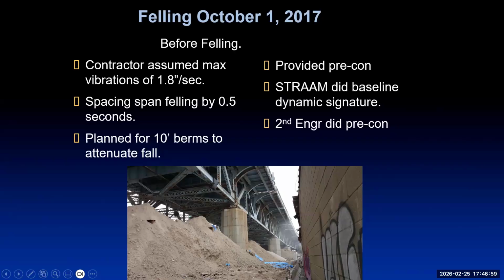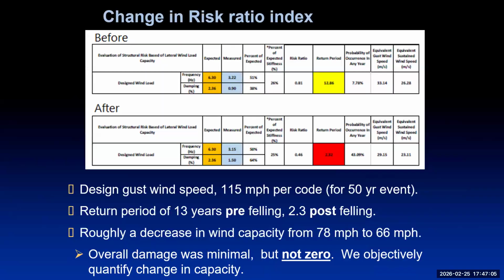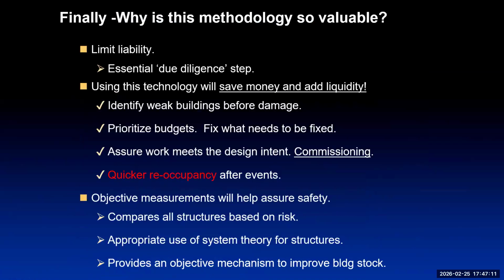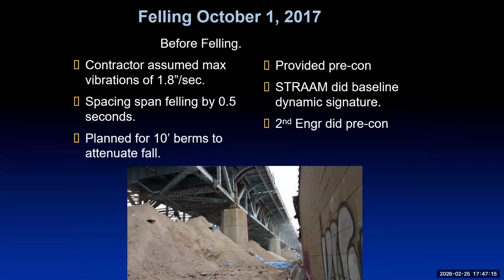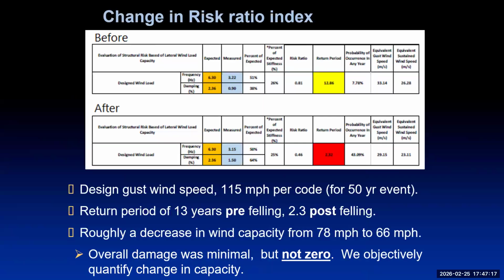So these 10-foot berms were going to catch this. It's going to drop about 60, 70 feet, 400 tons, 10 feet from the building. So as Alan said, it's very much like a little earthquake. What we did, we're missing a couple slides here. That's unfortunate. There's a couple really good slides that should have been part of this. We did before and after measurements.